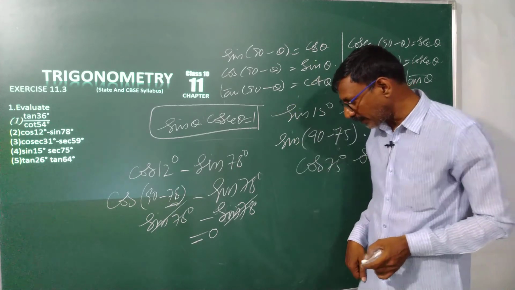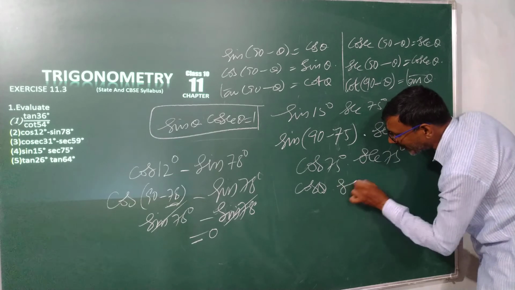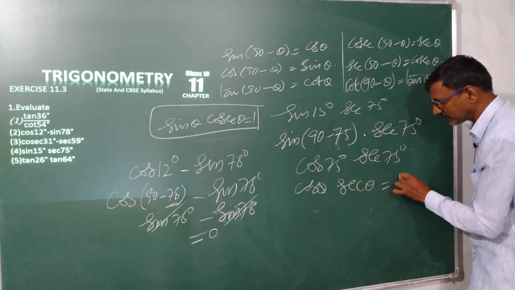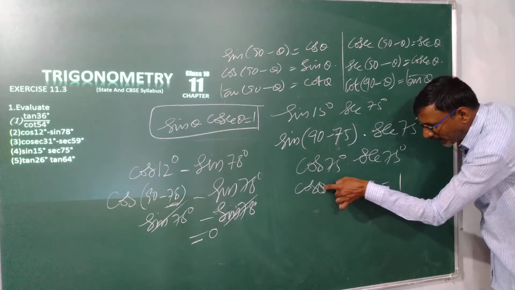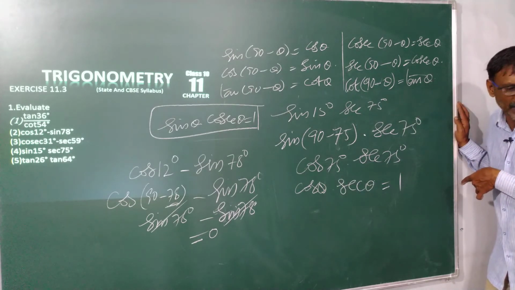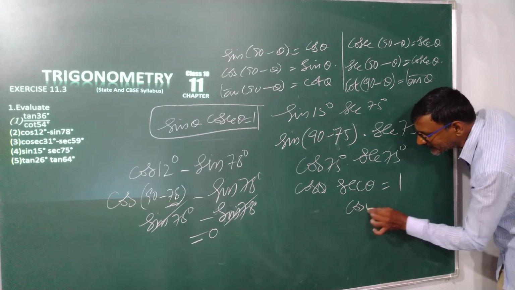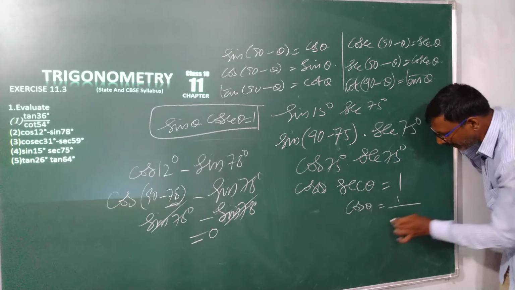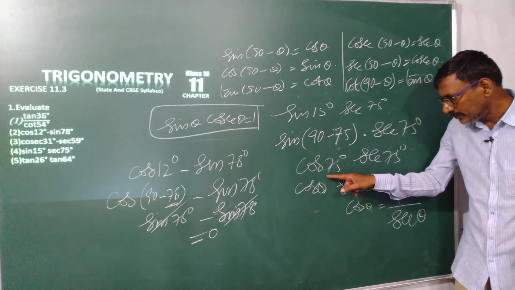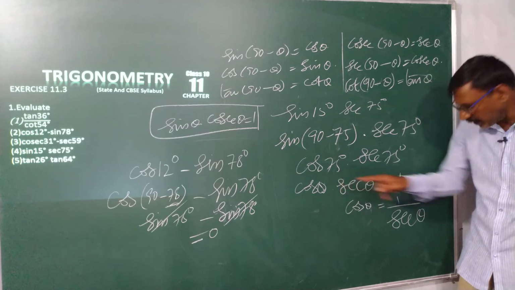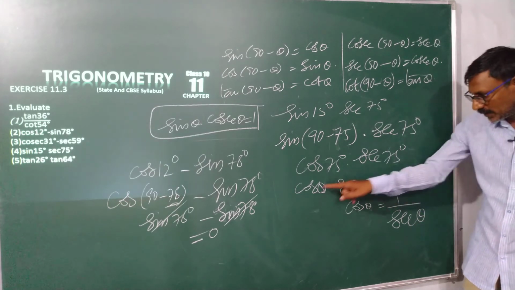At the same time, cos theta into sec theta is always equal to 1. Therefore, cos theta we can write in terms of sec theta. This is multiplied, it will go to this side and divide. So cos theta is equal to 1 by sec theta. So here I have cos 75 degrees. You can write 1 by sec 75 degrees.